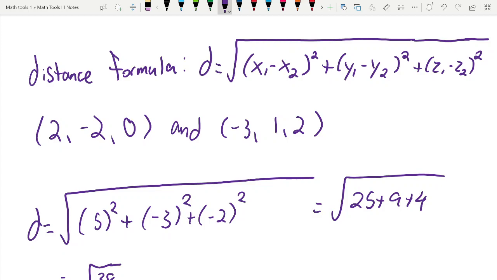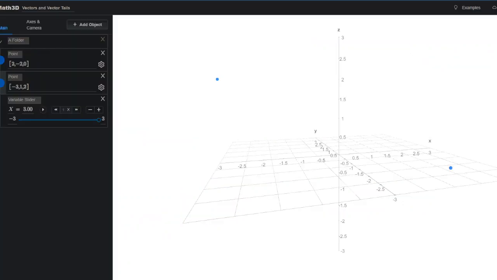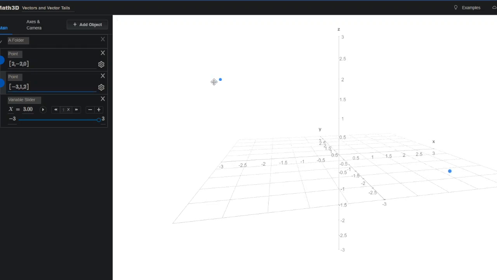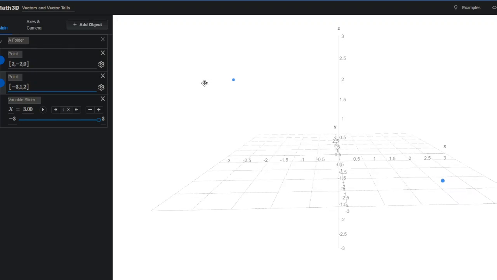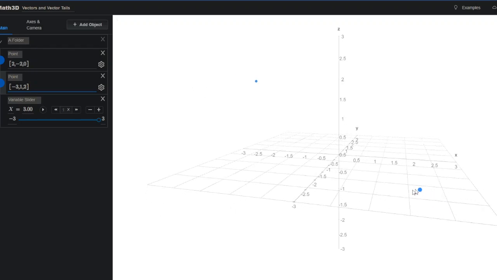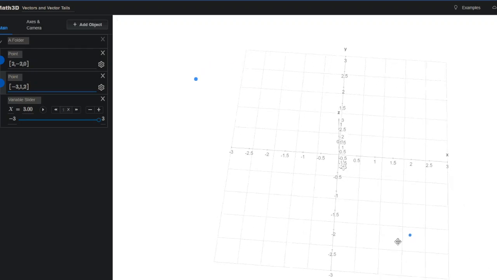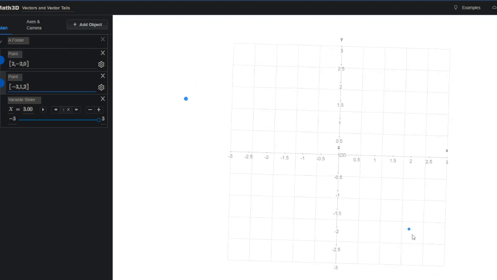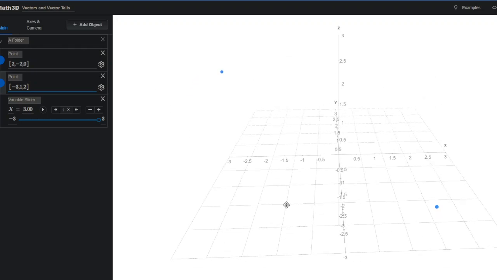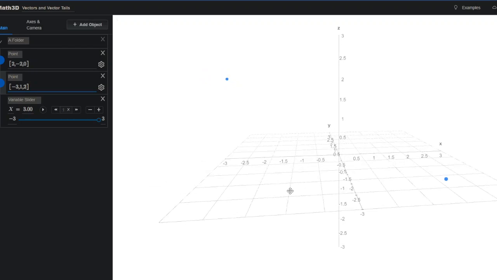Which will be a little bit more than 6 if we want an approximation there. It's obviously hard to actually do that visually, but it should make sense that this is about 6 units away, right? On the XY plane alone, you can see that they're just going horizontally, they're 5 units away. So going along an axis like this is of course going to add to it. So 6 definitely seems like a reasonable answer there.